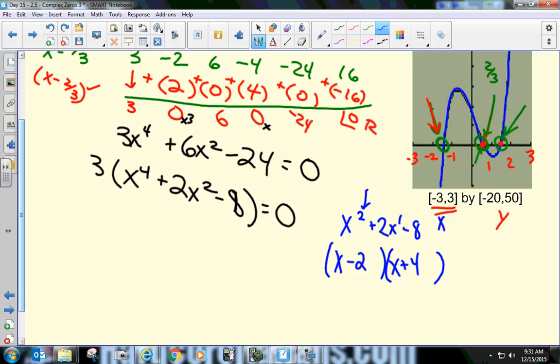Because this is double whatever this is. When that's the case, we always use the ones, right? The middle exponent. Isn't this double what this is? So I can still do my x squared minus 2 and my x squared plus 4. Because when I FOIL them, wouldn't the first term be x to the fourth?